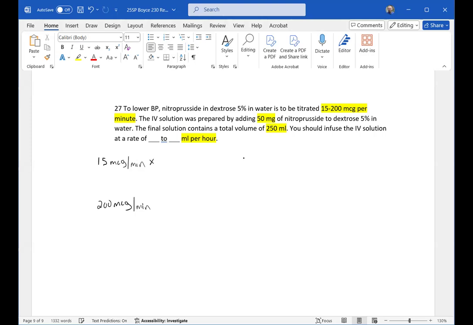And how do I do that? I'm going to multiply by 60 minutes per hour. I should have written this a little bit better, but I didn't. So these minutes cross out. I should have written these underneath to make it clearer, but hopefully you're okay with that. So I'm going to take 15 times 60.